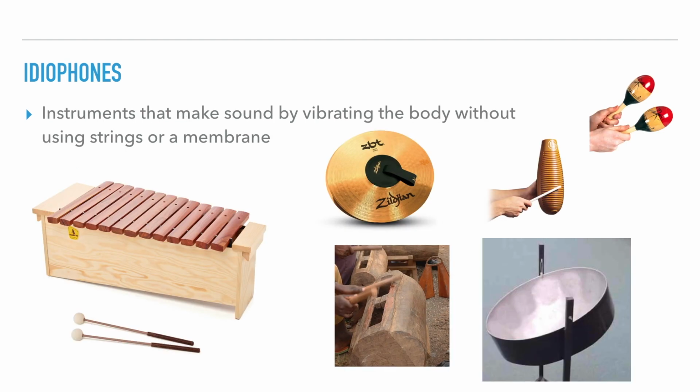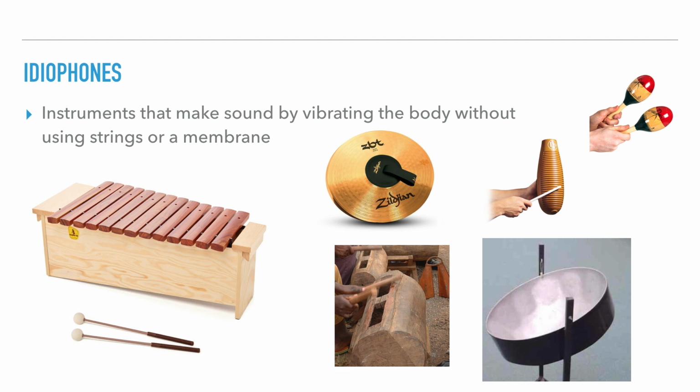First of all, idiophones. These are instruments that make sound by vibrating the body without using any strings or a membrane, okay? And we'll talk about stringed instruments and membrane instruments in a minute. But as you can see here, we've got a xylophone. So it's the bars of the xylophone that you strike, and those are the things that vibrate to make the sound.